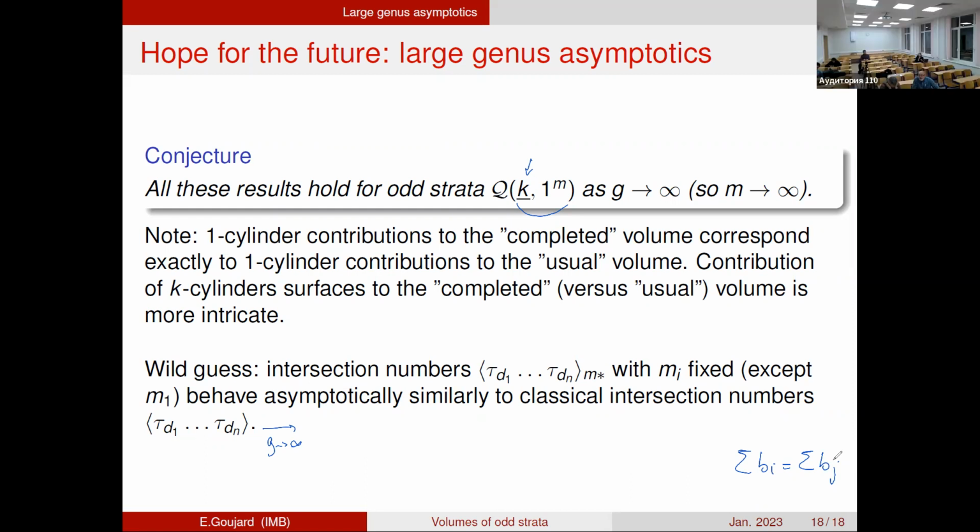Is there a topological recursion for this? Probably. The problem now is these additional terms. My guess is that for the completed volume, there is some topological recursion, because the formula has the same structure as the formula for the principal stratum, and because it looks like an application of Givental's action to some cohomological field theory.